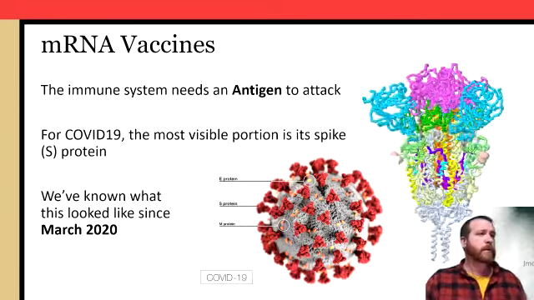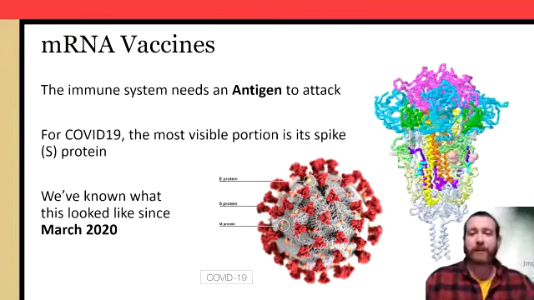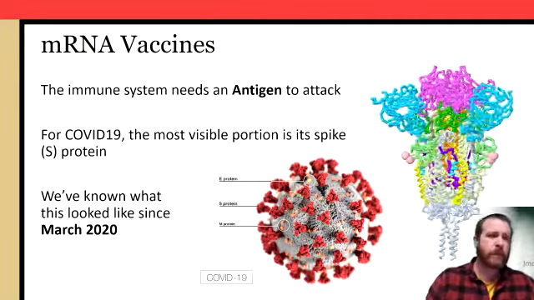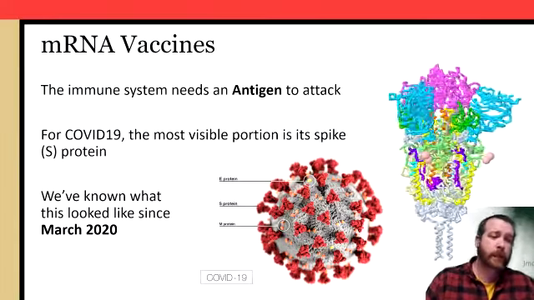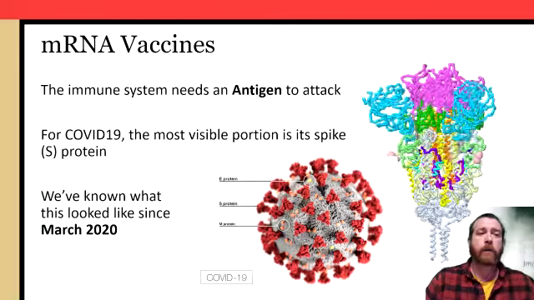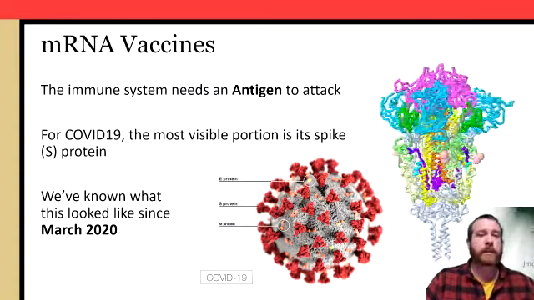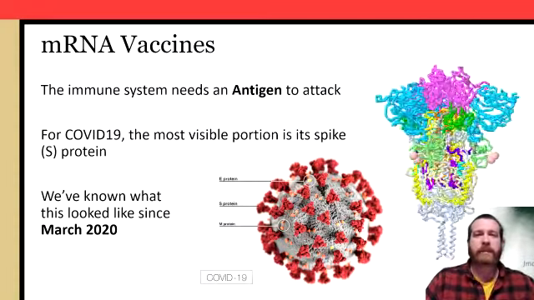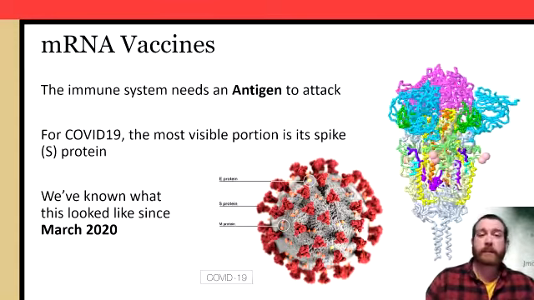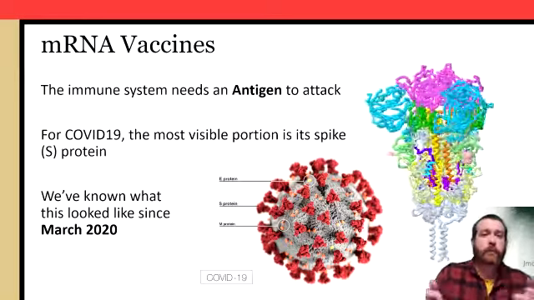The new stuff that we need to be concerned about and understand is mRNA vaccines. mRNA vaccines are not entirely new. We've been using and testing mRNA vaccines for a while, but there hasn't really been as big of a need for them because we've already had other vaccines on deck to use against other pathogens.